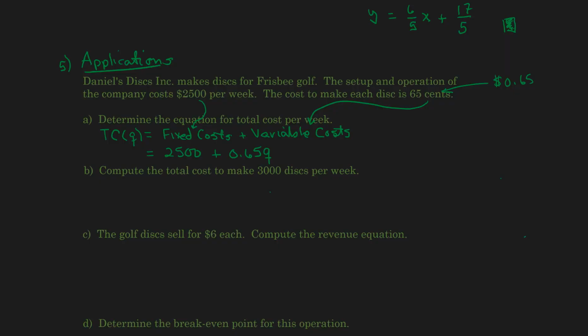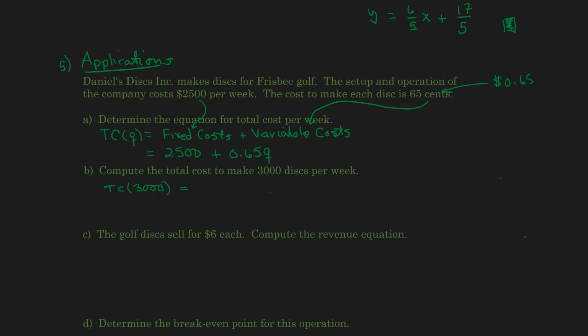In part B of this particular question, we're asked to compute the total cost to make 3,000 disks per week. What we're going to do here is compute the total costs of 3,000 disks.